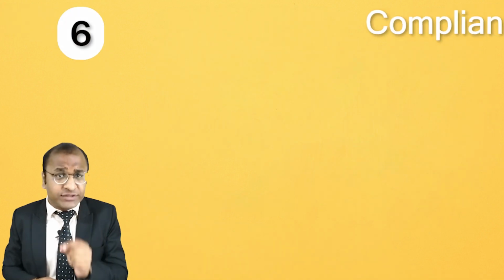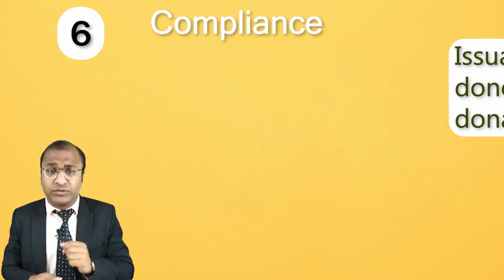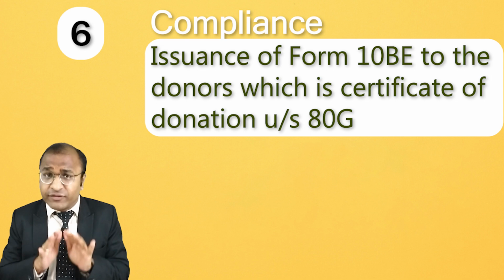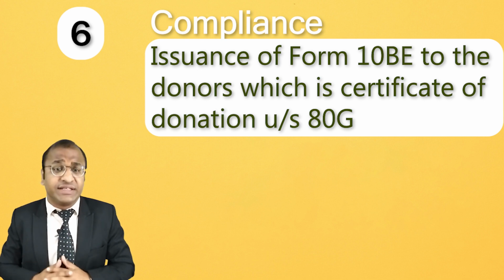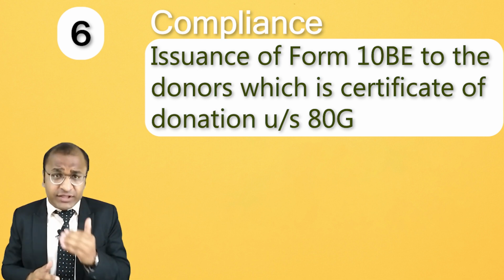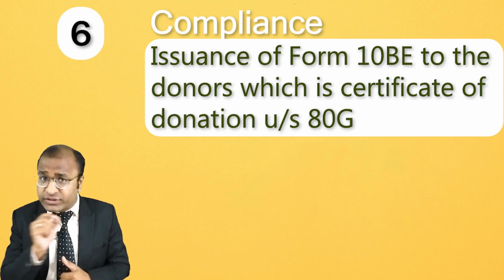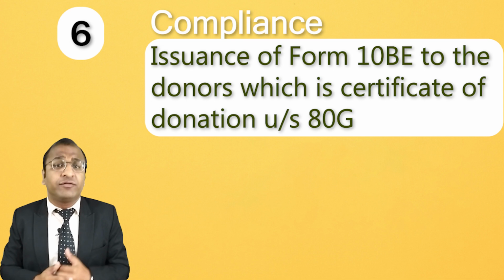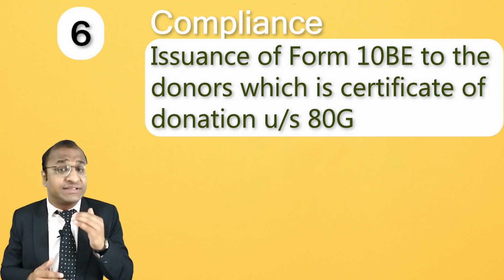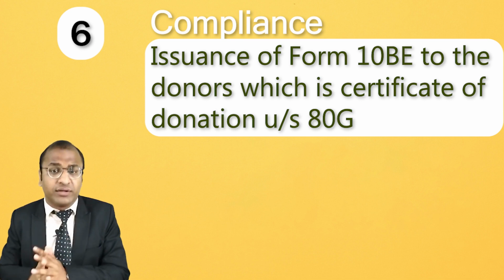Next is issuance of Form 10BE to the donors, which is the certificate of donation under Section 80G. Once the organization files Form 10BD, the certificate is auto-generated and can be downloaded from the income tax portal separately for each donor.